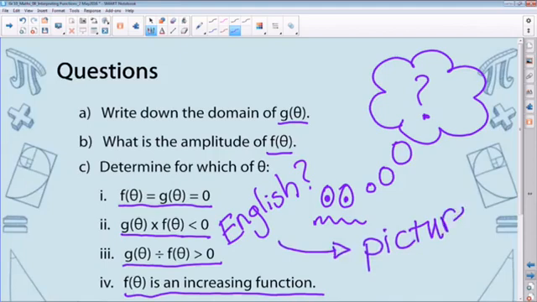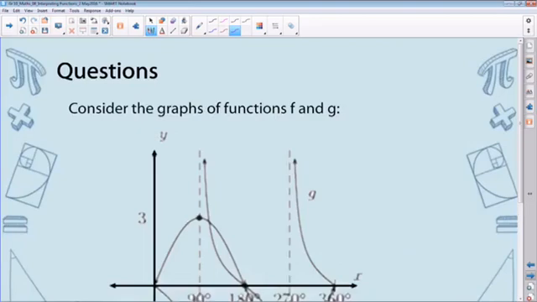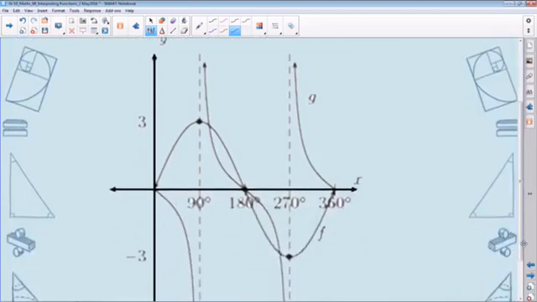Picture what's being asked. Okay, let's start by writing down the domain of g of theta. So we're going to go and look at the graph. G is our tan function. And our graph is being drawn only from 0 degrees to 360 degrees.